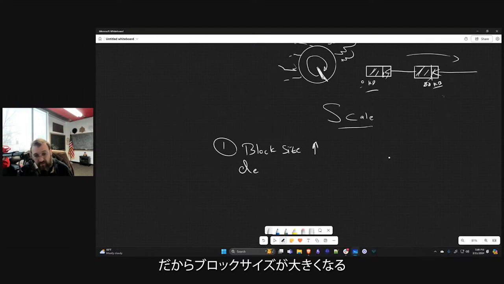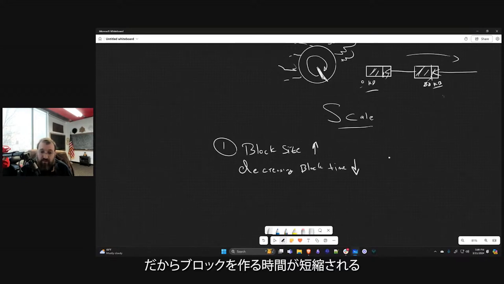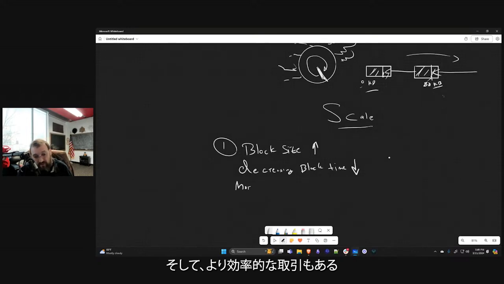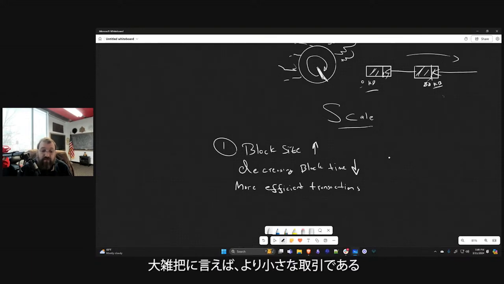So block size goes up, and the time it takes to make blocks goes down. And then there's also more efficient transactions. So you accomplish roughly the same with smaller transactions.